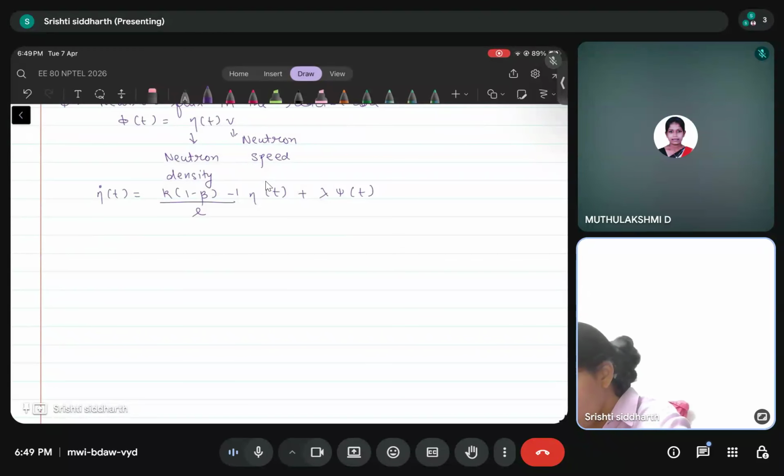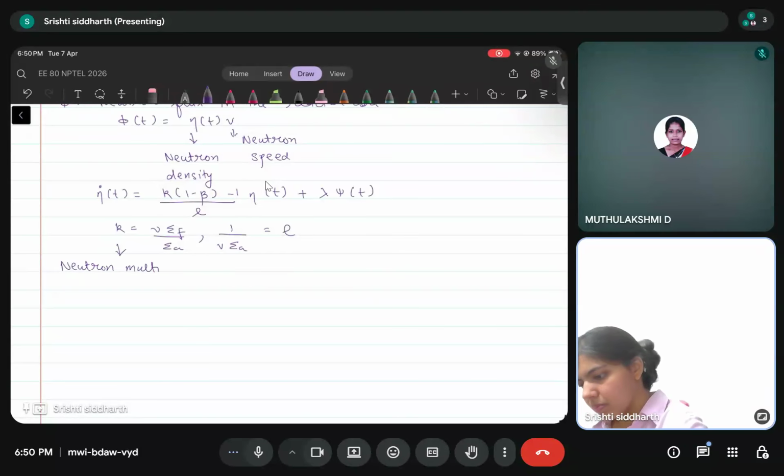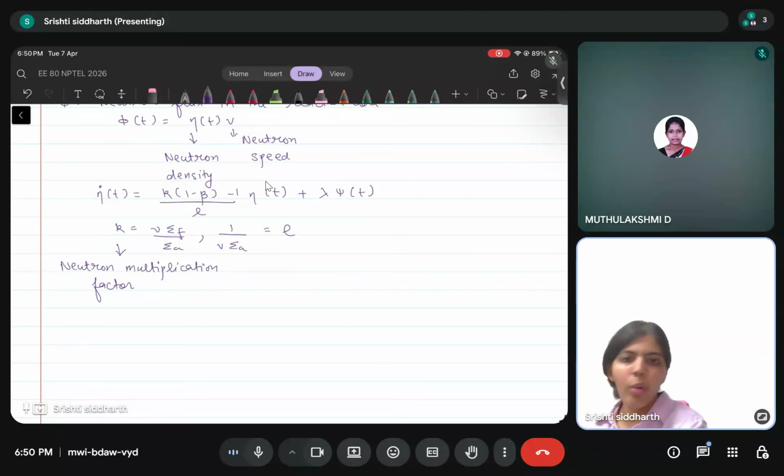We have some values, k, based on the parameters of the reactor model. This is nu sigma f over sigma a, and 1 upon v times sigma a is L. I think this is the neutron multiplication factor, and L is the prompt neutron lifetime.